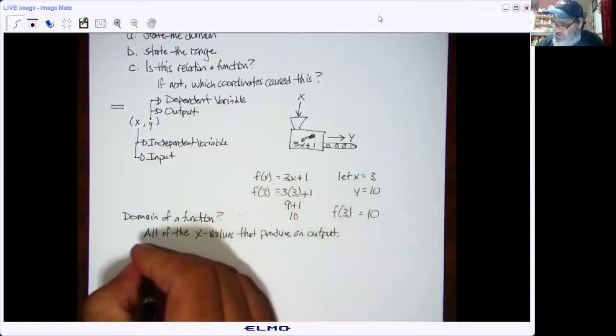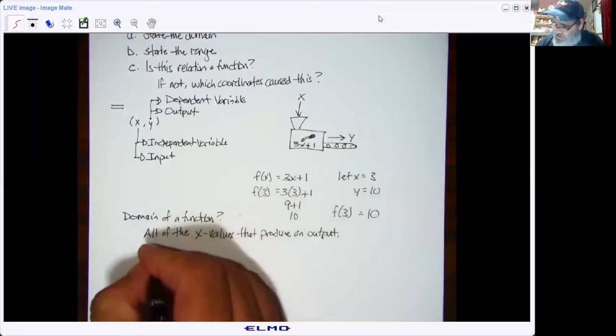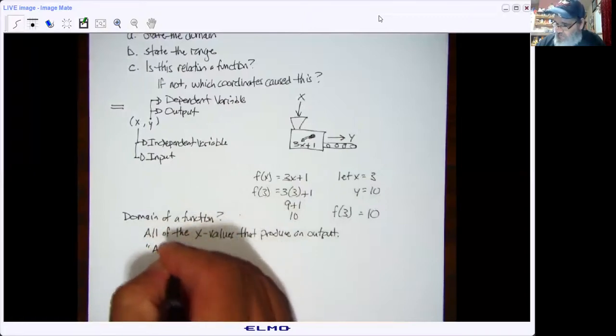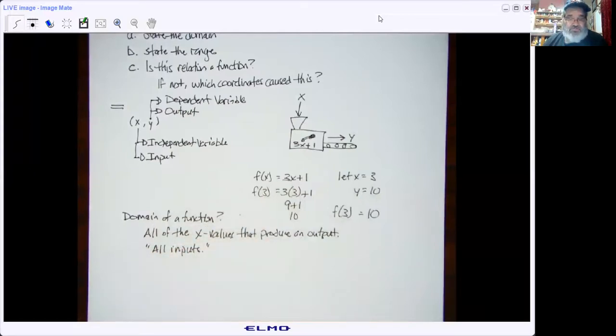So basically, the domain of a function is just all inputs, okay?